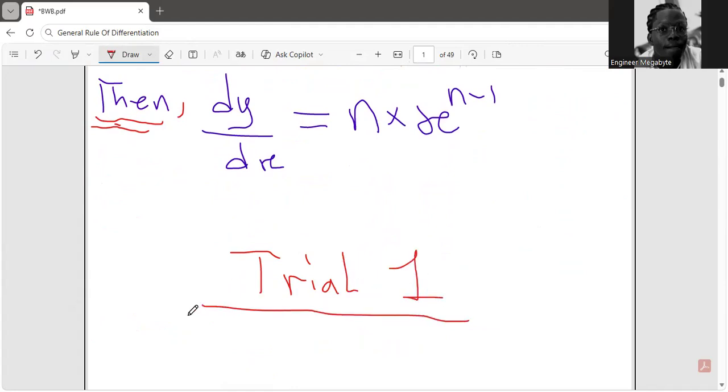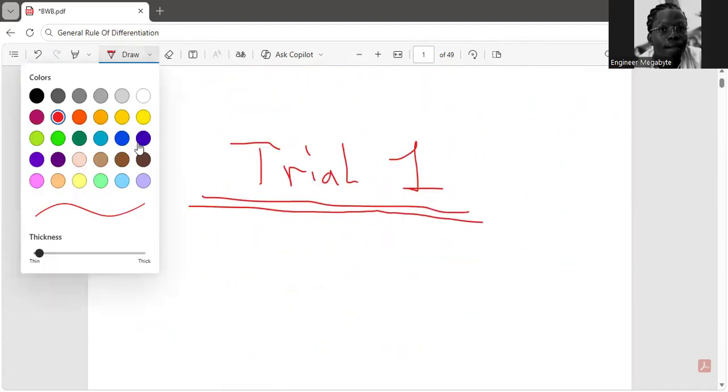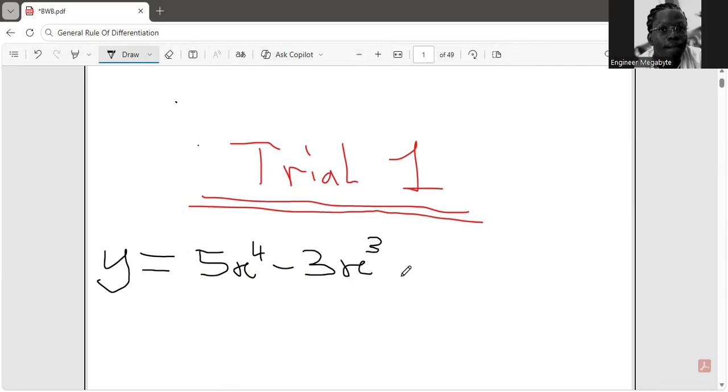Since this is a trial 1, our question is in the form of y is equal to 5x exponent 4 minus 3x exponent 3 plus 2x.